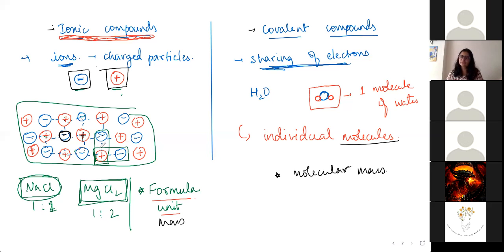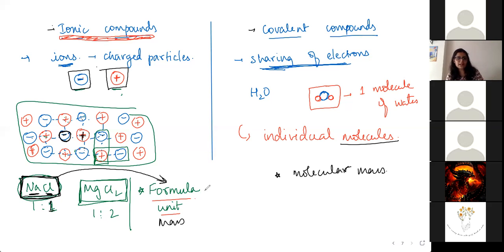You can't figure out what one molecule is. But within it, because the number of negative charges should equal the number of positive charges, the number of Na will always equal the number of Cl minus ions. So you can figure out the formula of that salt, it will be NaCl. Okay, so that is the reason we call it formula unit mass.